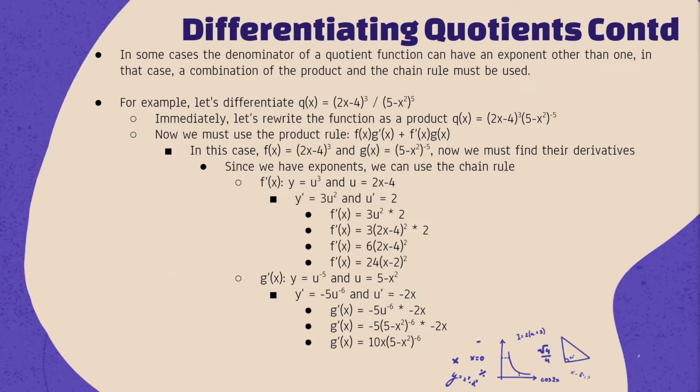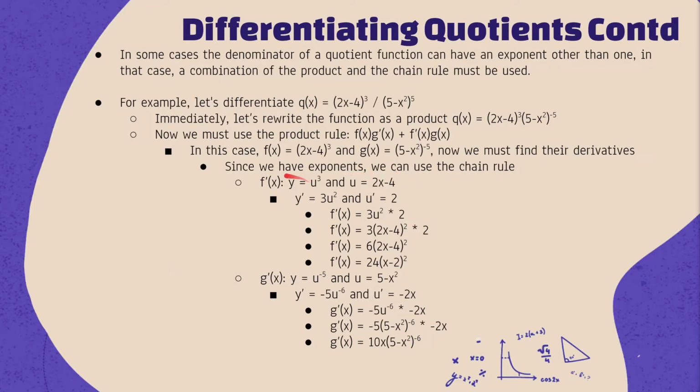So now we must use the product rule, which I've written down here in case you don't remember what it was. In this scenario, we need to find g prime of x and f prime of x. We already know what f of x and g of x is, since we're the ones that are defining them as these expressions here, and so now we must find their appropriate derivative.